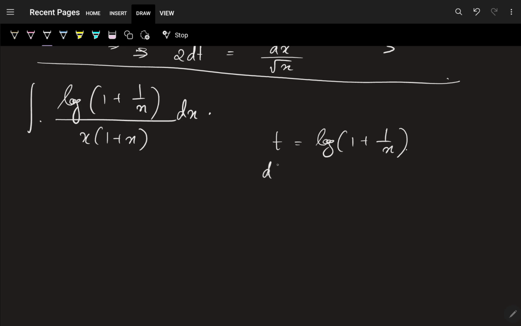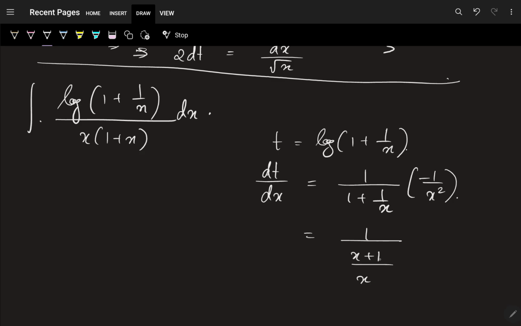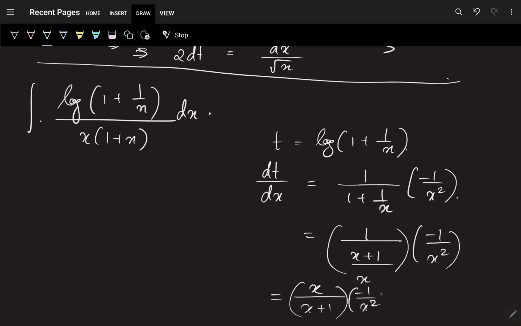Now you apply the chain rule to do the derivative. So dt by dx is going to be 1 upon 1 plus 1 by x. The chain rule makes it: the derivative of 1 is 0, and of 1 by x is minus 1 by x square. Now if I take the LCM, this is gonna be x upon x plus 1 into minus 1 by x square.